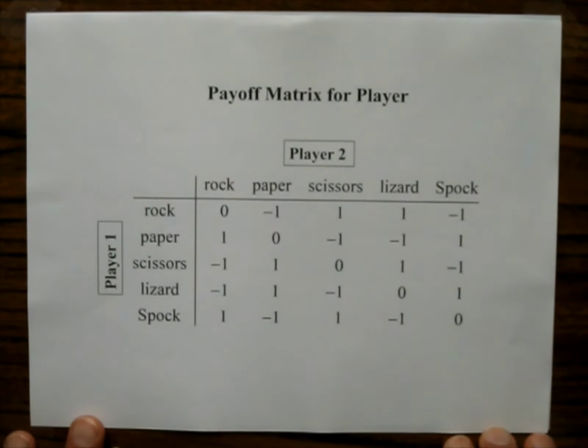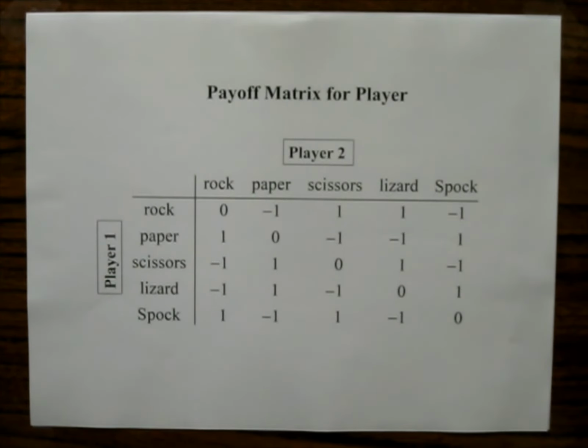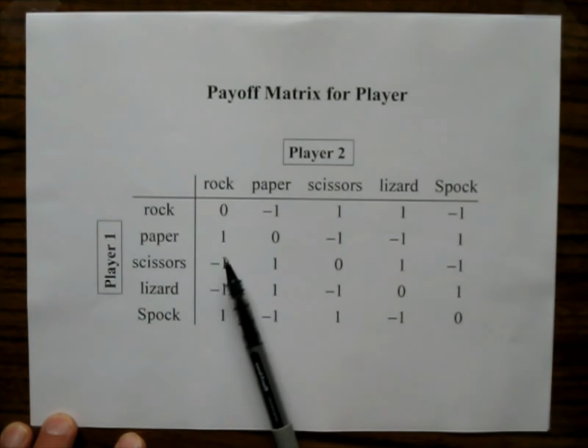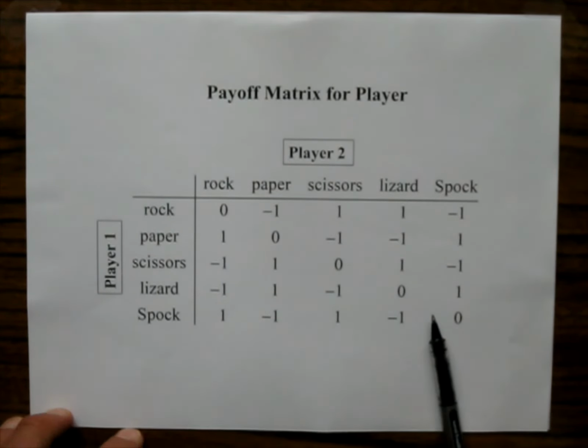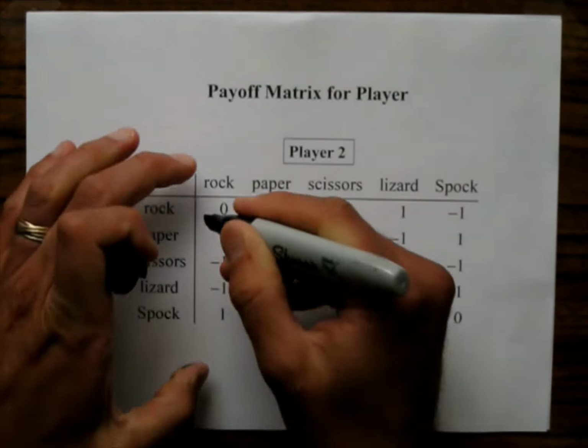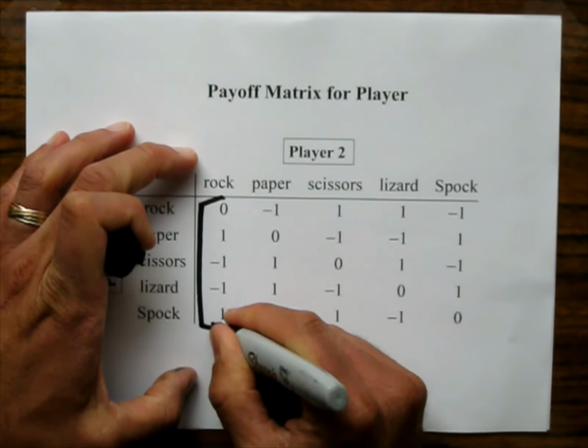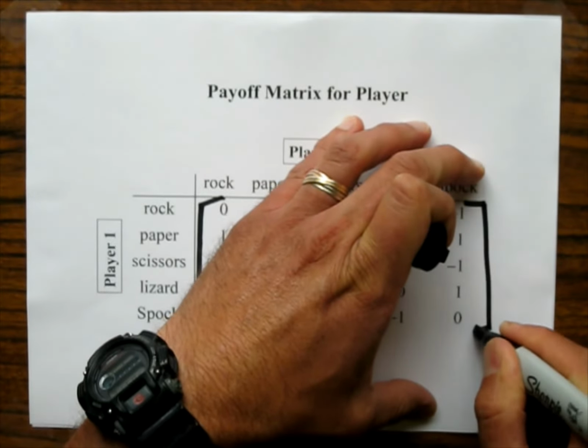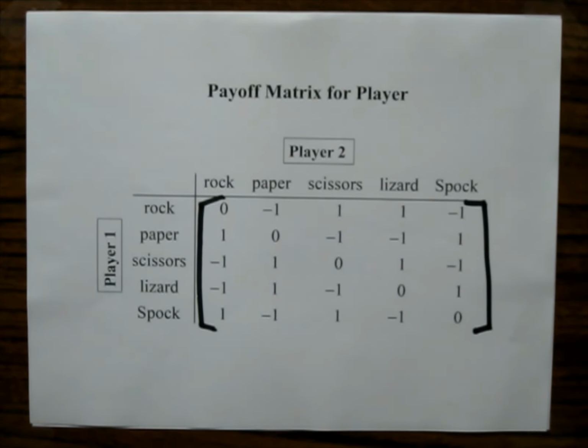On the PowerPoint, we showed the rock, paper, scissors, lizard, Spock. And here is a 5x5 matrix. Okay, what do you notice about that 5x5 matrix?